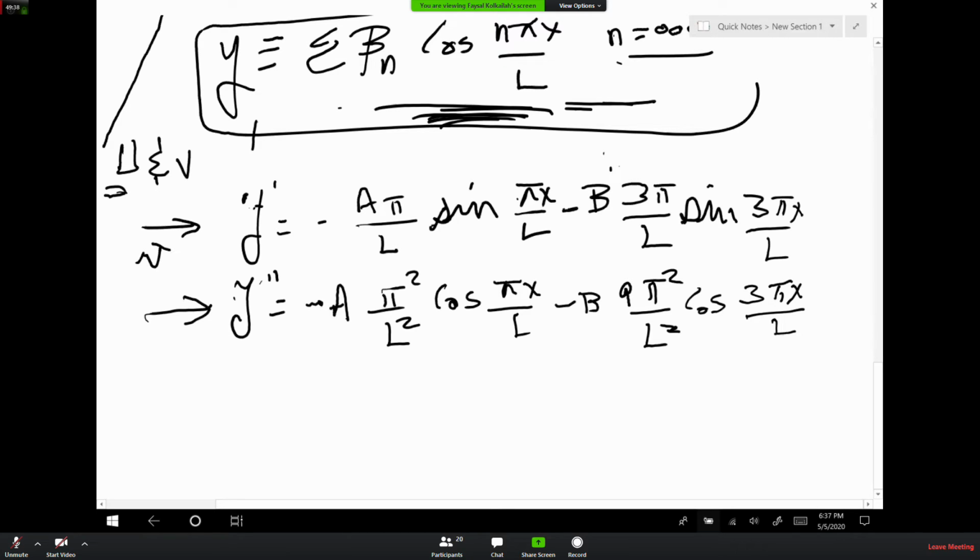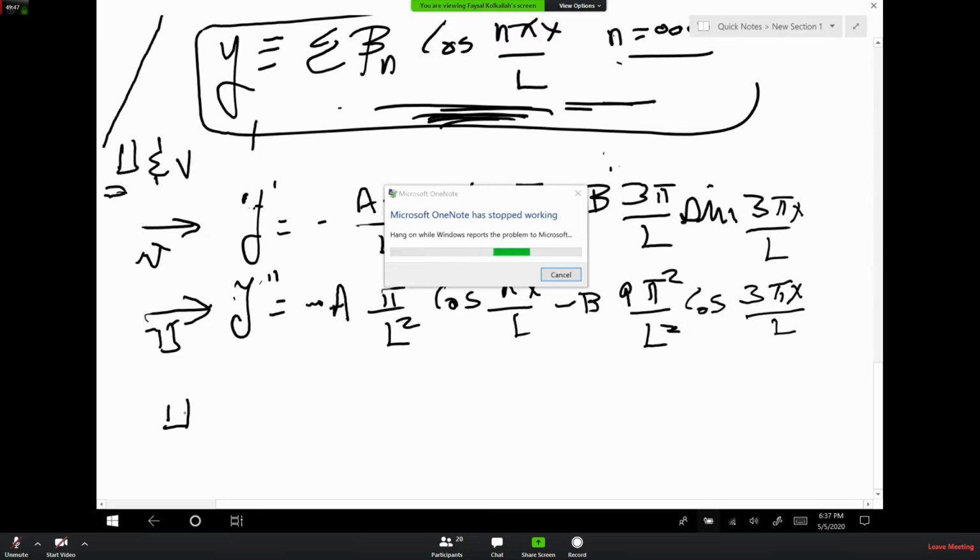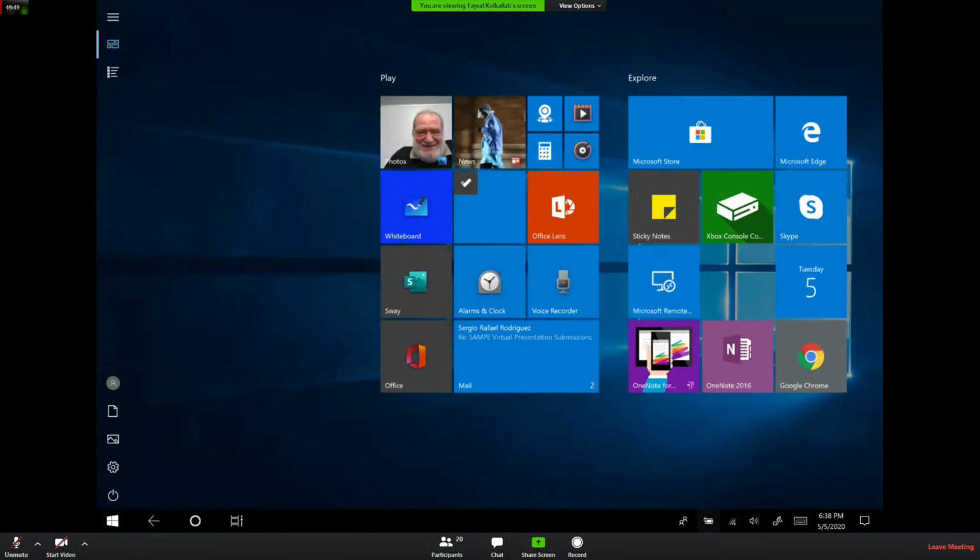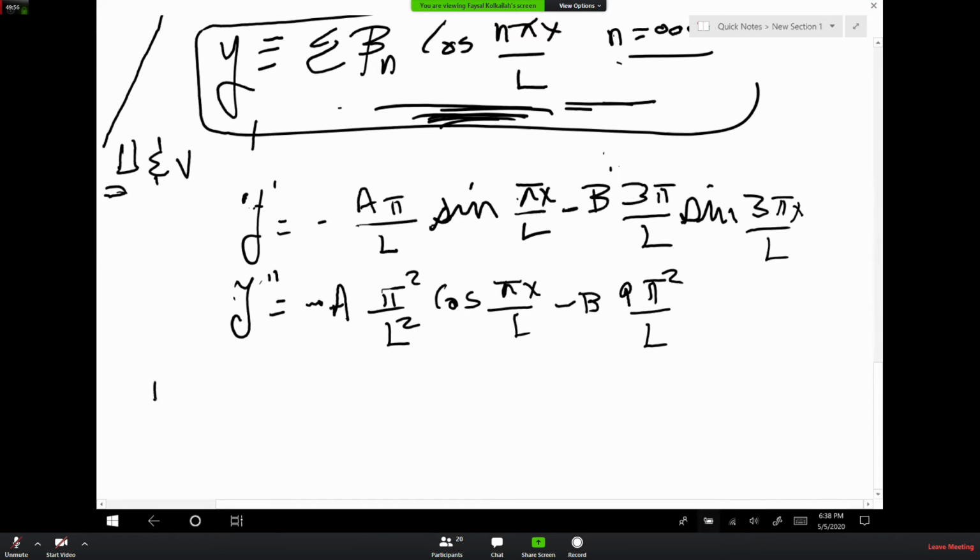This is gonna give me the v, this is gonna give me the u. So what is u? U is 2, and then the E out, I'm gonna leave the I in, integral from 0 to L over 2, and then I have the I, and then the y double prime squared, and I have the dx.